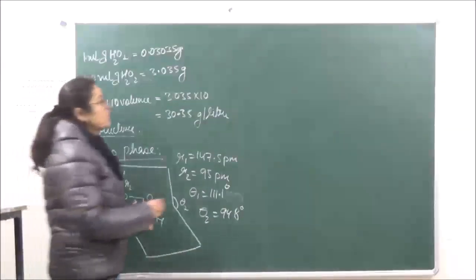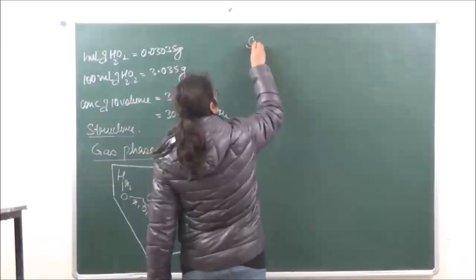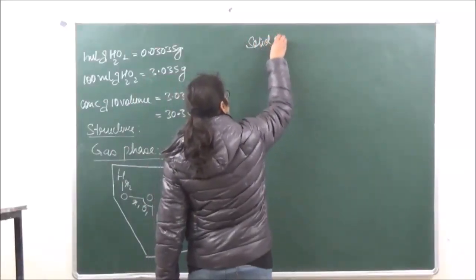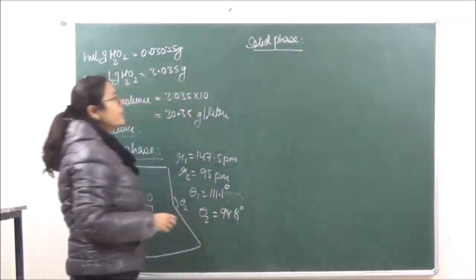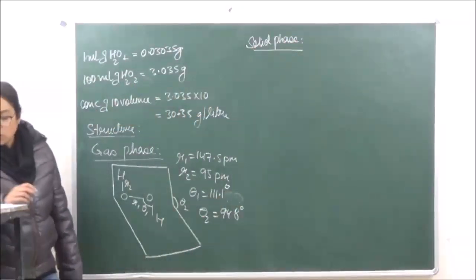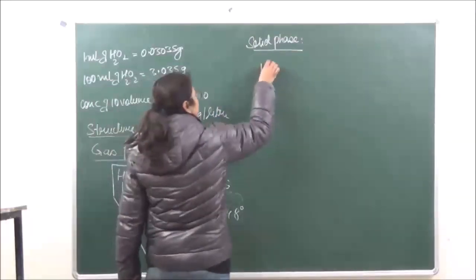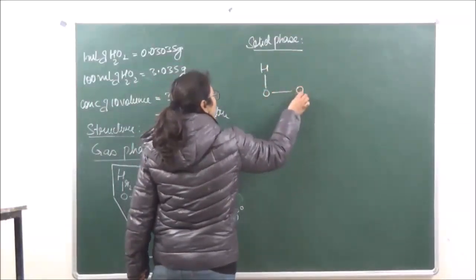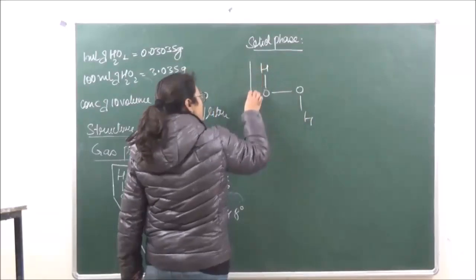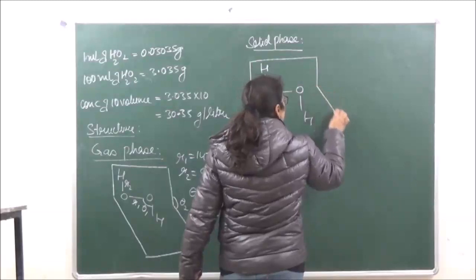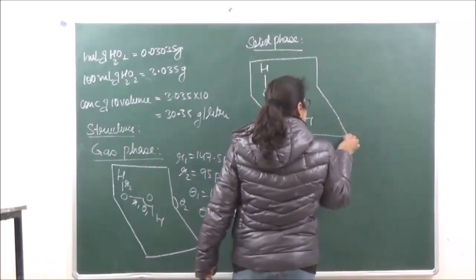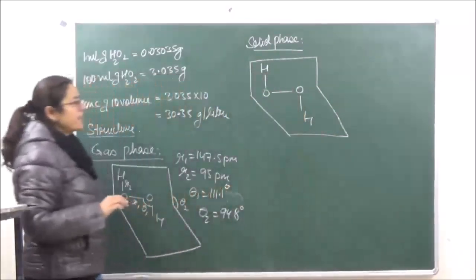In the solid phase structure, when we're looking at the structure in the solid phase, over here again we have H, O, O and H. Again the structure that is going to be made like this.